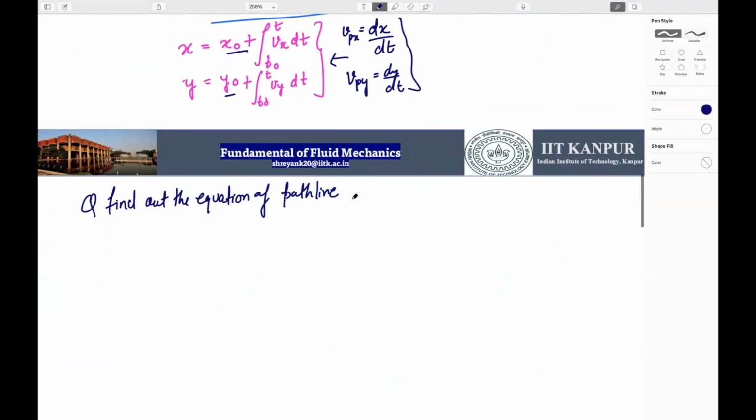Find the path line of a particle initially at the position 2 comma 8.